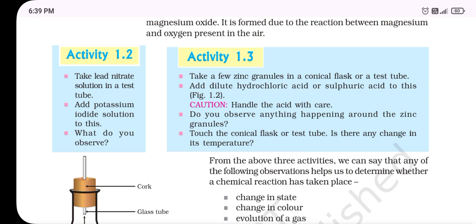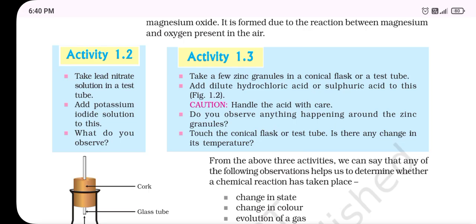What do you observe? It is a double displacement reaction. You have to note it down in your books, or write it down at the bottom side.